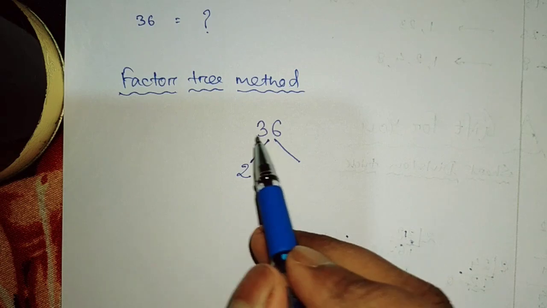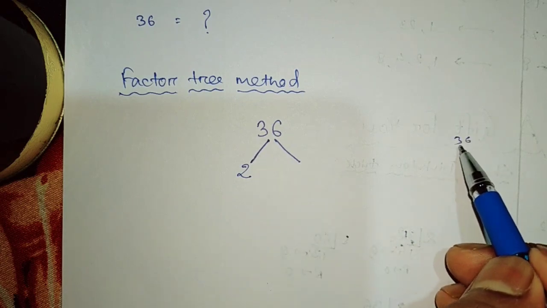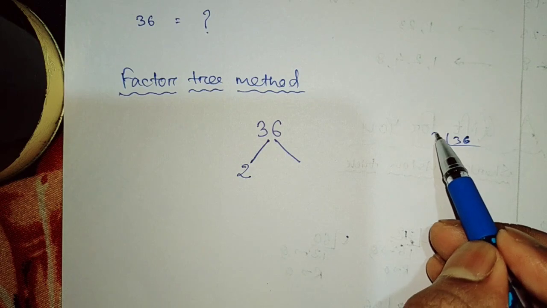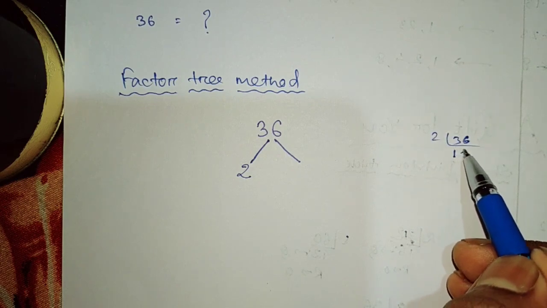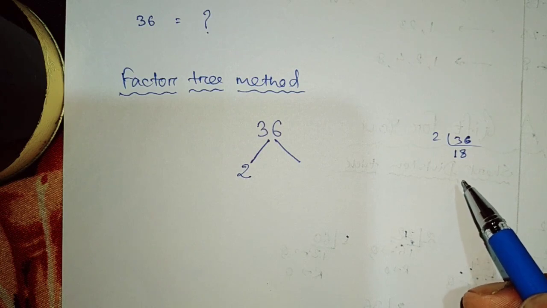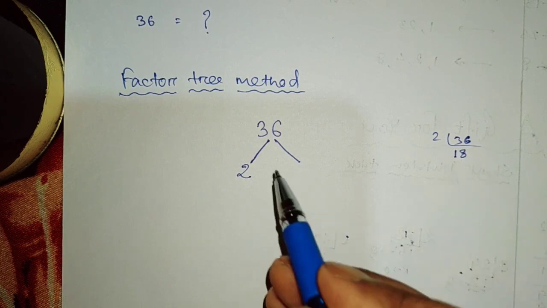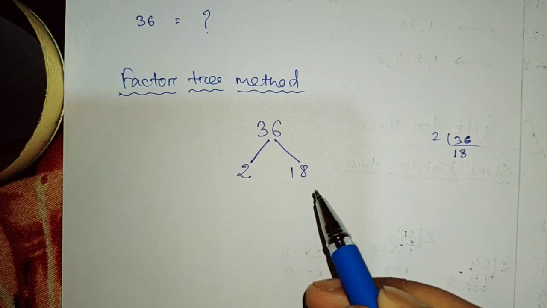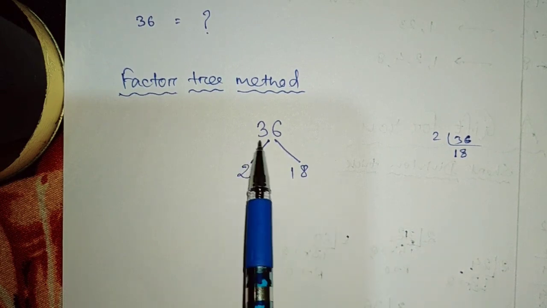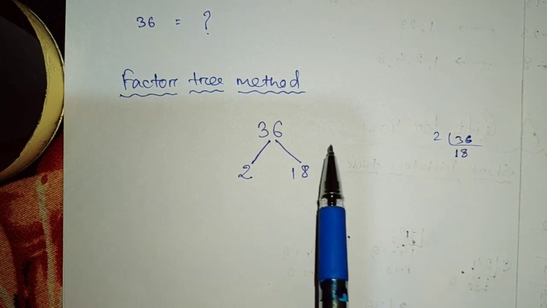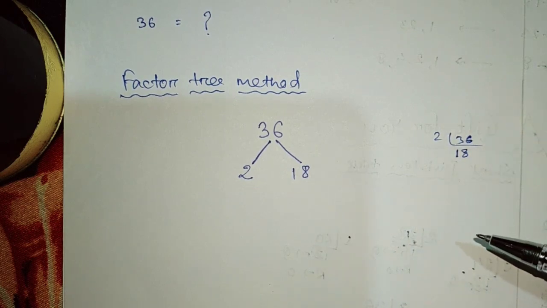You can apply short division here. 36: 2 1s are 2, remainder 1; 16: 2 8s are 16. So 2 into 18 will be 36. In this way, short division becomes very helpful rather than going for long division.